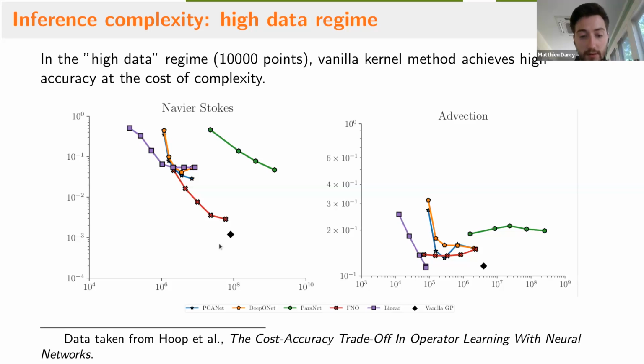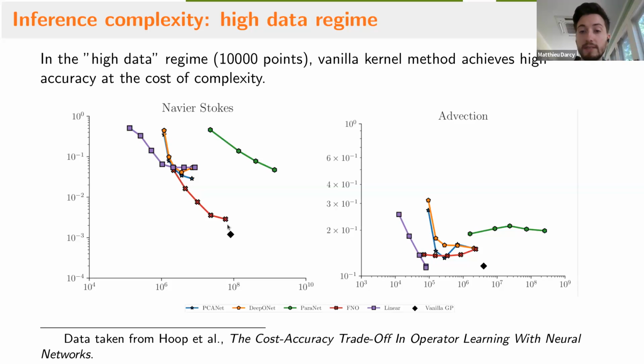What's interesting is that our method, a single dot in black, is in the fairly high cost area. So it's more costly than neural networks, but it seems to beat FNO for a given level of complexity. So here there's a gap in accuracy.